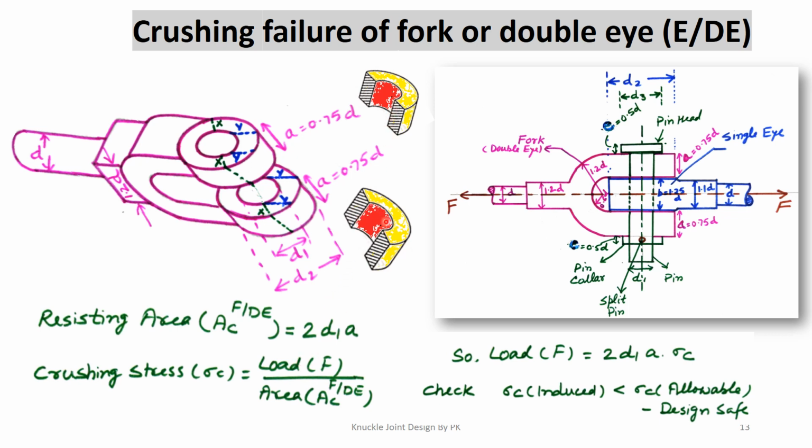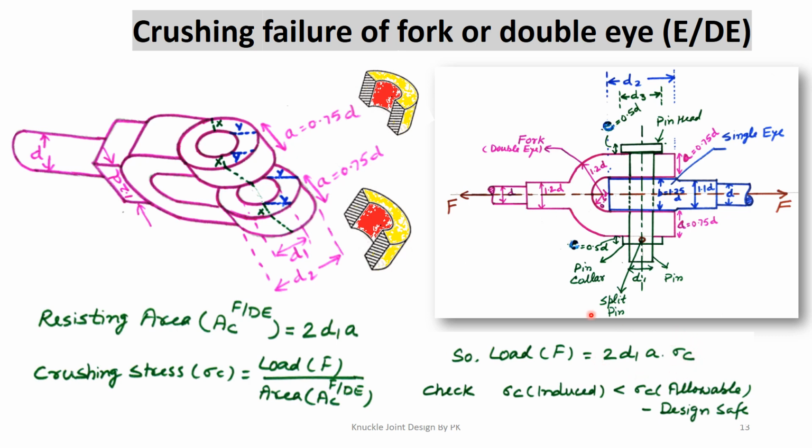Because there are two areas resisting this crushing failure, one on the upper eye and the other on the lower eye, we take twice this area. The crushing stress is equal to load divided by the crushing area. So the load F is equal to twice times d1 into a, this crushing area, multiplied by the crushing stress sigma c.